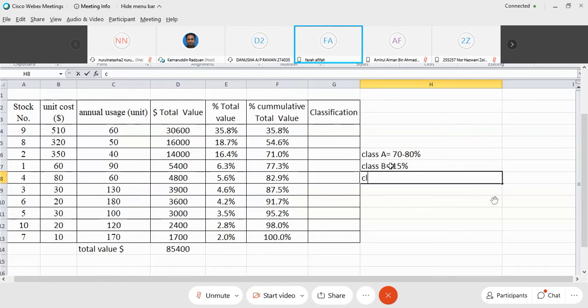For class C, 5 to 10%, right? Right. 5 to 10%. Okay.